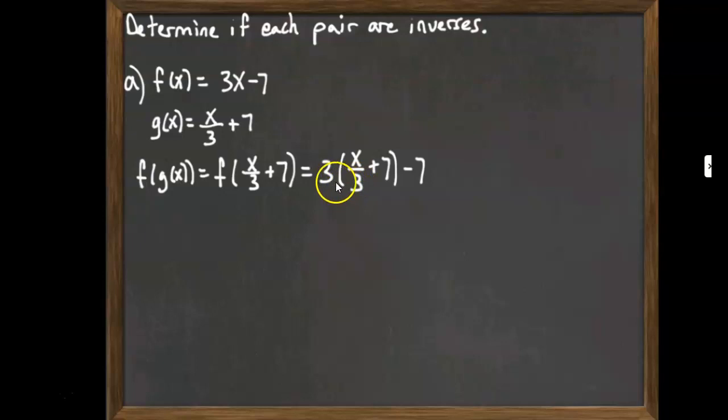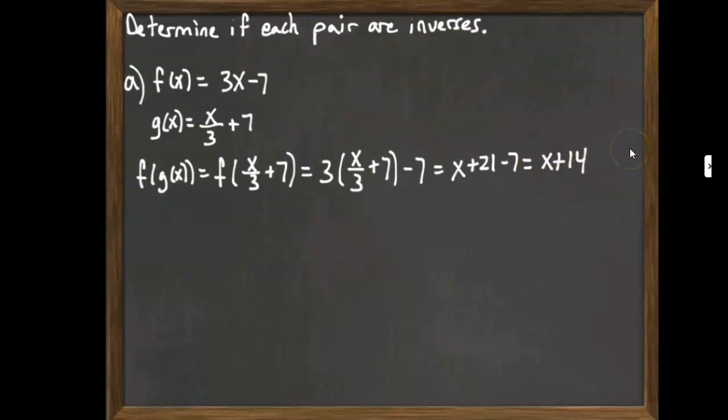And so we get 3 times x over 3 plus 7, minus 7. And we simplify to see what we get. We get x plus 21, and we multiply by 3, minus 7, which would give us x plus 14.